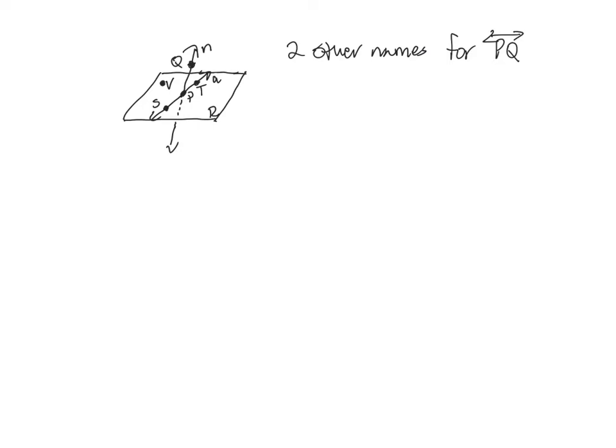So remember, the easiest one would be to just reverse the letters. And then the other one is there is that little lowercase letter at the end there. So that means I could say line N. And there it is, named 2 different ways.